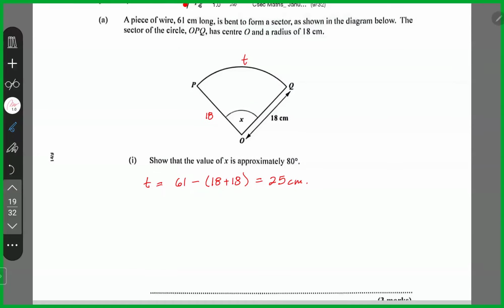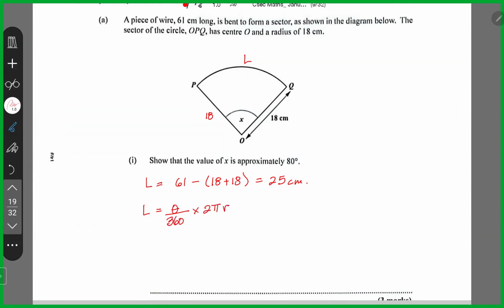Now, T, I probably shouldn't have called it T. There's still time to change it. I'm going to change it to L. This is L. Now, L is equal to theta over 360 times 2 pi r.